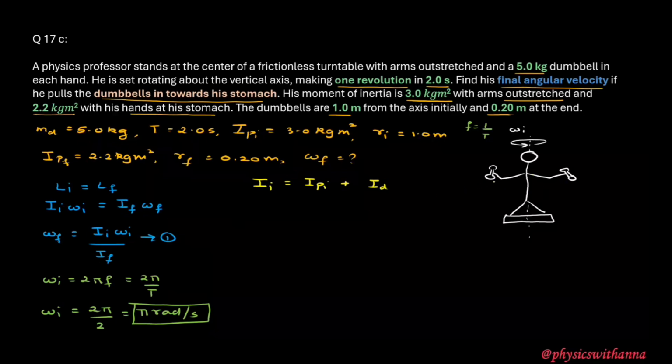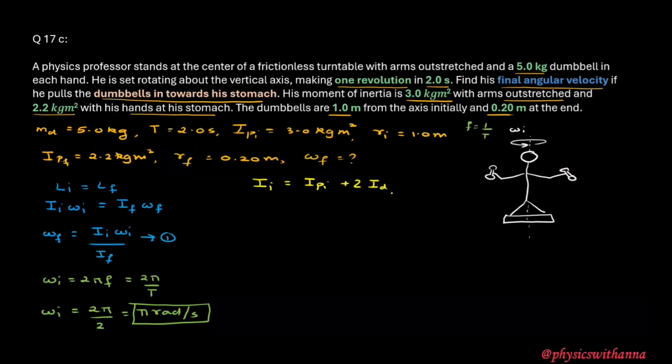Now there are two dumbbells, so we need to add moment of inertia for both. And since these dumbbells are identical, they have the same masses and they are at the same distance from the axis of rotation, so their moment of inertia will be equal. So I can just write their sum as 2 times the moment of inertia of one dumbbell.